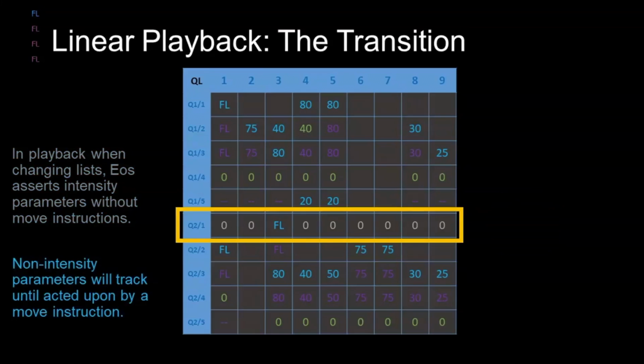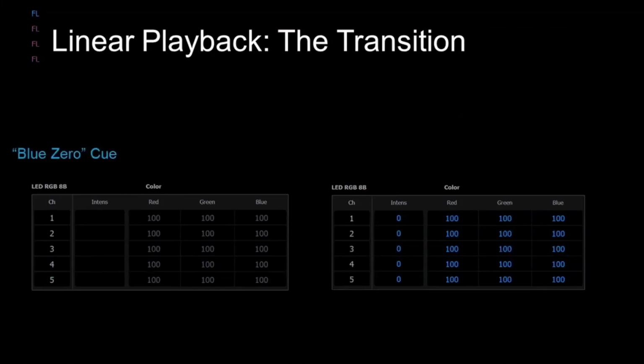So what that means is that you could have a grumpy time where, if these are LED lights, they were mixed to red, and you wanted them in blue, but you only have an intensity move in Q2/3 or whatever, right? So you can get some unexpected results with that. So just be aware. Something that a lot of folks do is what I call a blue 0 cue.